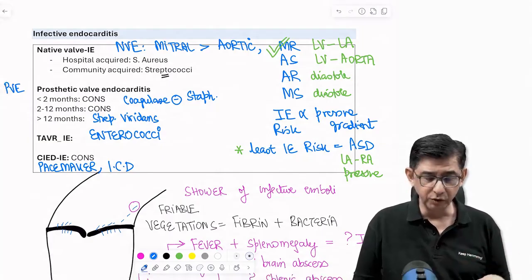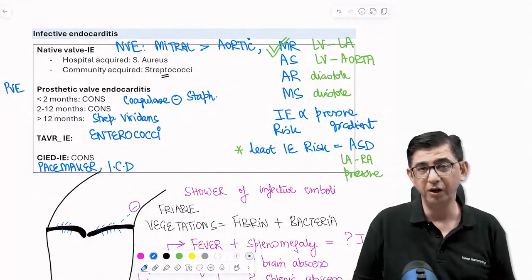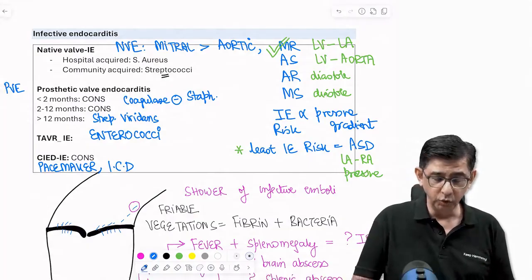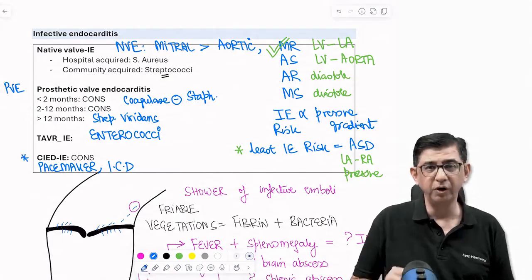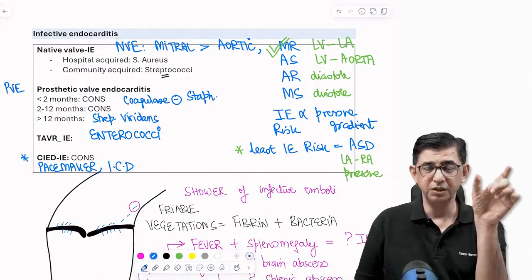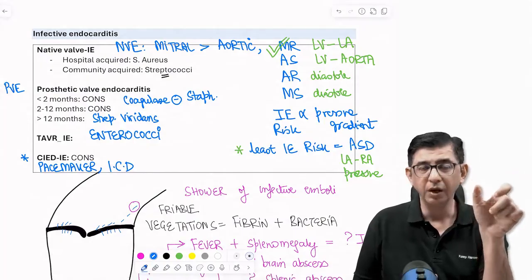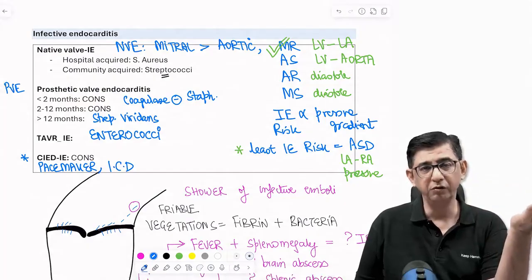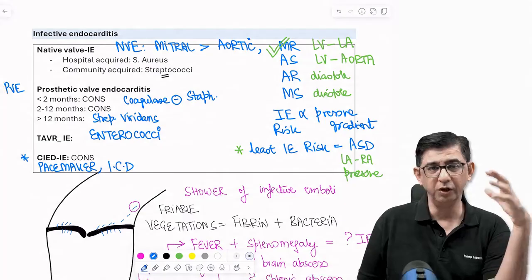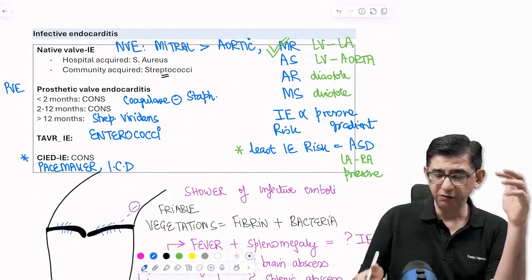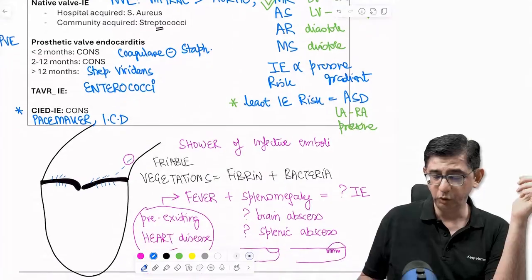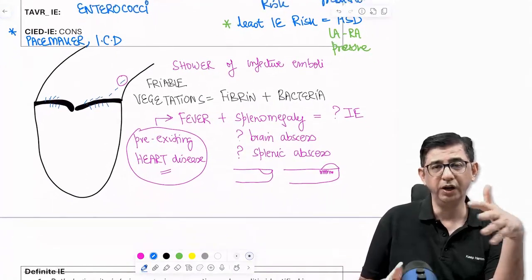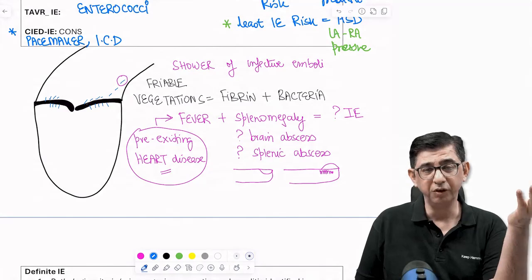I was using more technical words, pacemaker or implantable cardioverter defibrillator, while he uses simple English. The full form I have not written because it's understandable: C is cardiac, I is implantable, electronic devices. These are the devices that we put, pacemaker and implantable cardioverter defibrillator, and whichever bacteria are there, ultimately they will be thrown into systemic circulation.